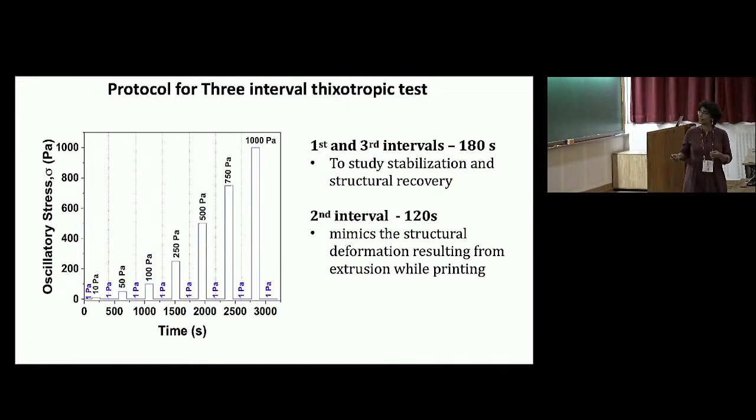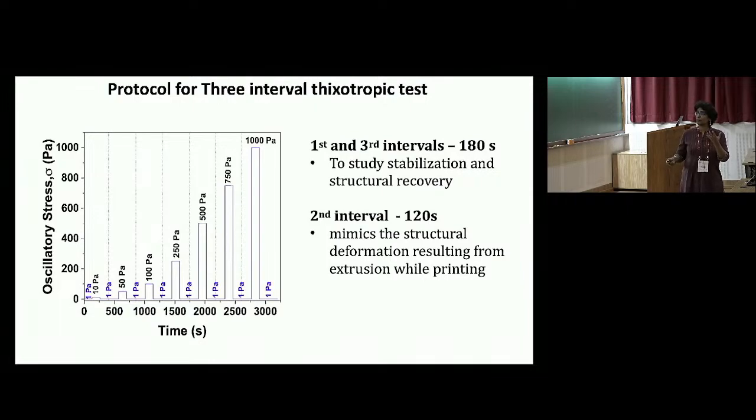So we also did what is called a 3-interval thixotropic test. Here, in the interval of 3, basically we increase the stresses: 1, 10, 1, then 51, and then 101, and so on. The idea is that when we have low stresses, the material relaxes back or recovers, and at high stresses there is a deformation.